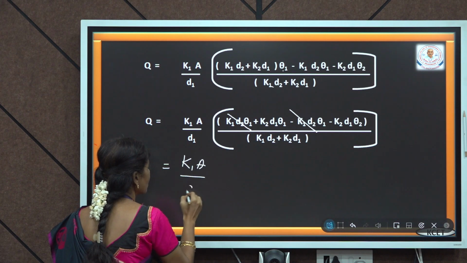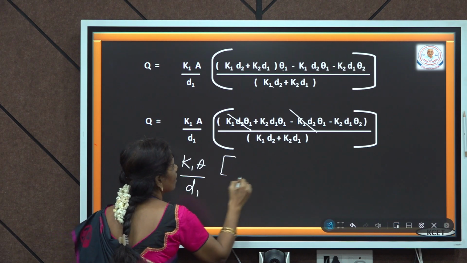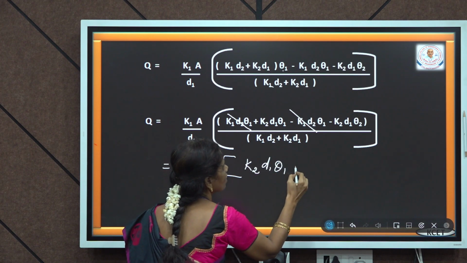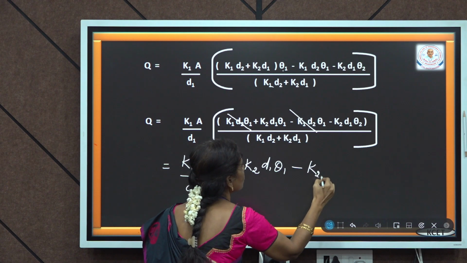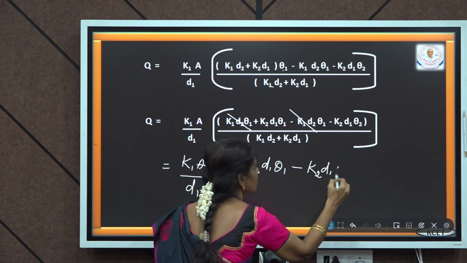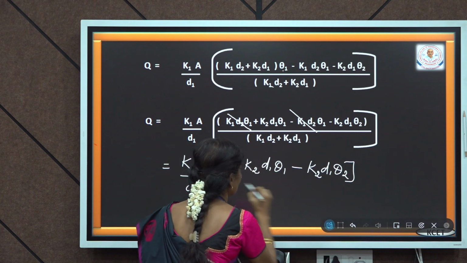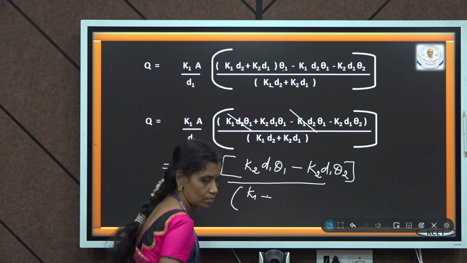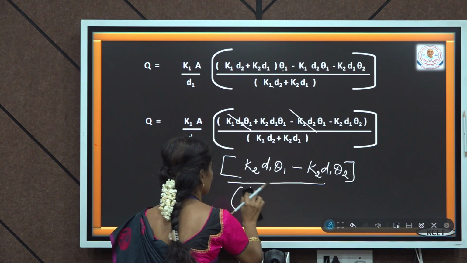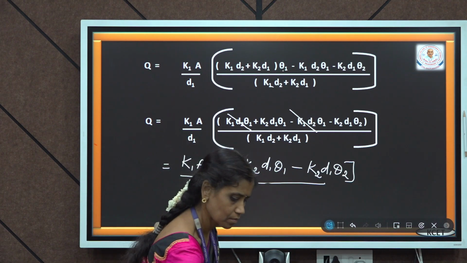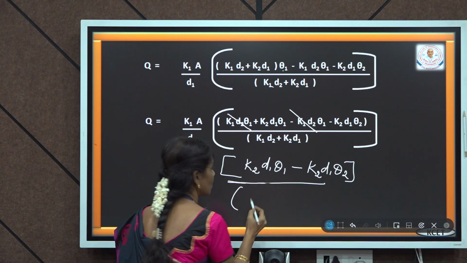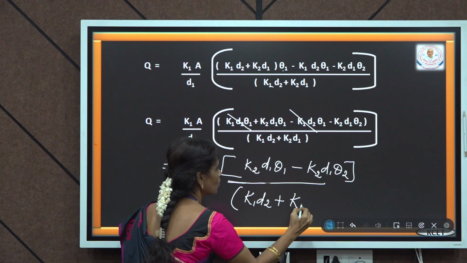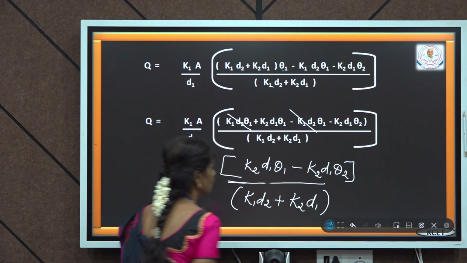K1A by D1 times K2 D1 theta 1 minus K2 D1 theta 2, divided by K1 D2 plus K2 D1.